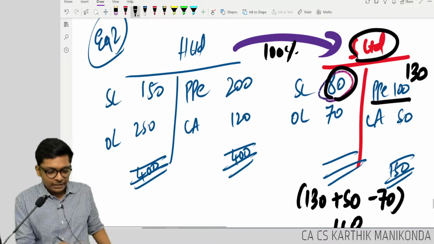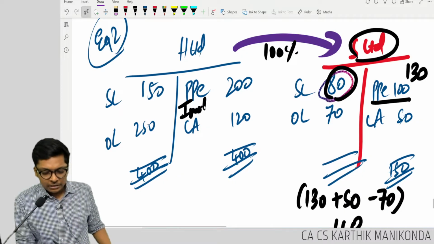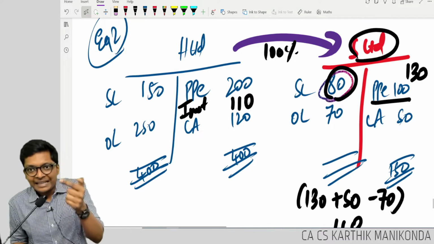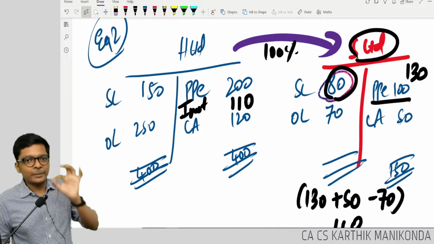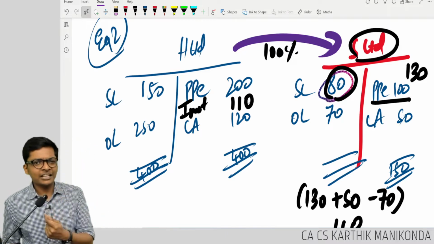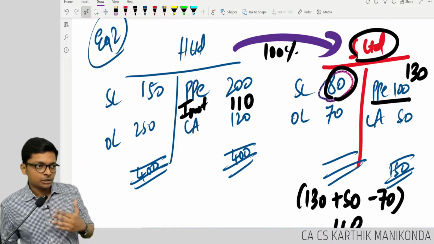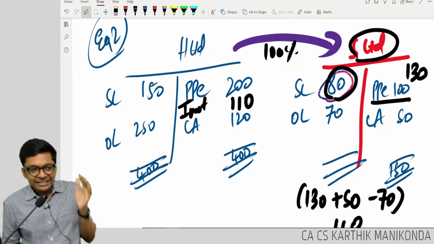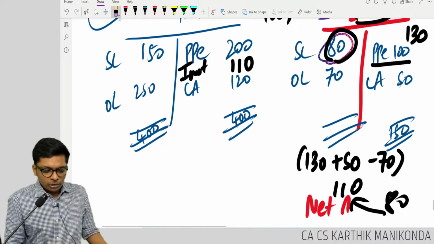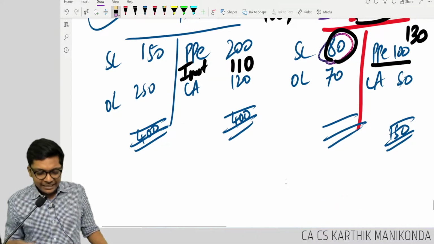So now let's say Rahul has agreed, sir, I will buy this company for 110 instead of 80. The only change from example 1 is 80 becoming 110. I could have finished it like this, but logic. Why will you pay more? Because there is some value there. Following, guys? Okay. So now again we have to do the same thing.